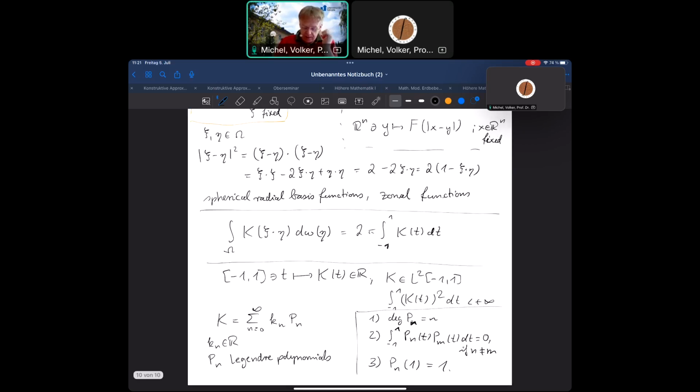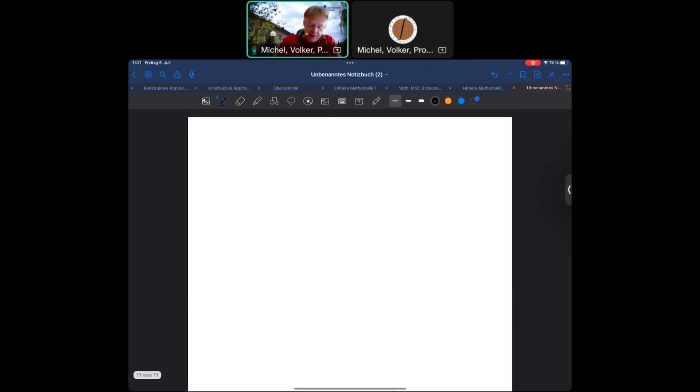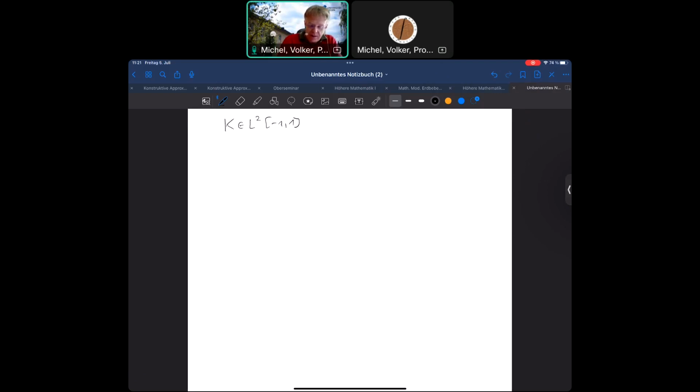Now, if we look a bit closer into the theory of the Legendre polynomials, which I will not do here. Again, look at the literature on that. We can say that the k in L2 of [-1, 1] can be written as a function. I will do something that I usually warn my students of doing. So n equals 0 to infinity, and then you have a 2n plus 1 over 4 pi k hat n and Pn of t.